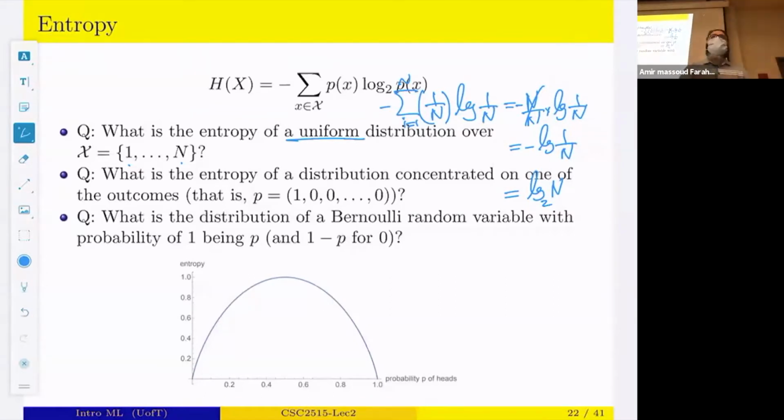That's okay. So suppose N was 2. In that case, it would be log of 2, which in base 2 is equal to 1.